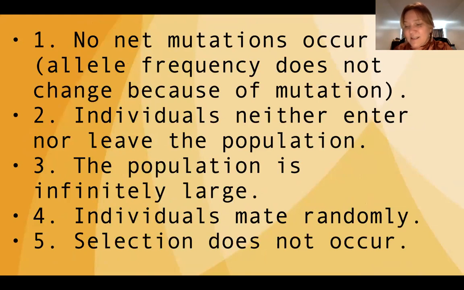So if all 5 of these conditions are met, then we can say the population is in genetic equilibrium. That means that the population is not evolving and the allele and genotype phenotype frequencies are constant.